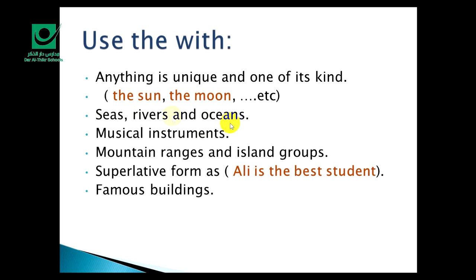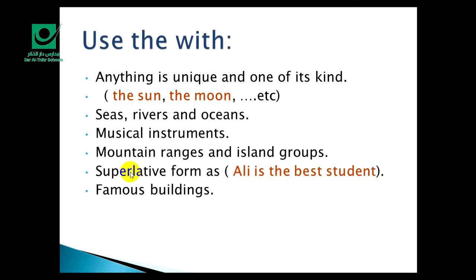Number three, we use the with musical instruments, like my sister can play the piano, or I can play the guitar. Number four, we use the with mountain ranges and island groups, like the Himalayas, the Maldives.